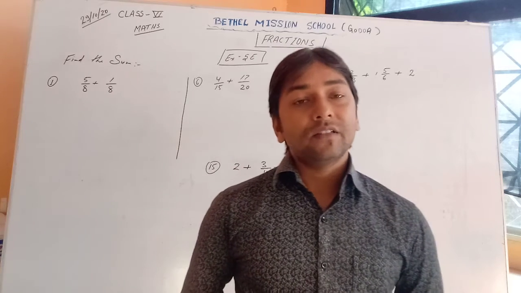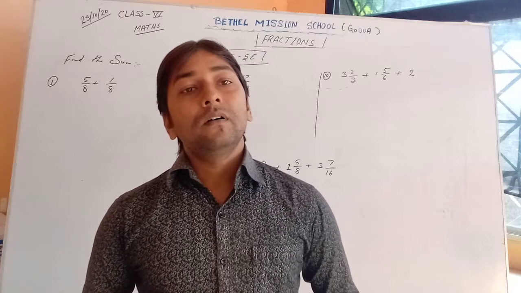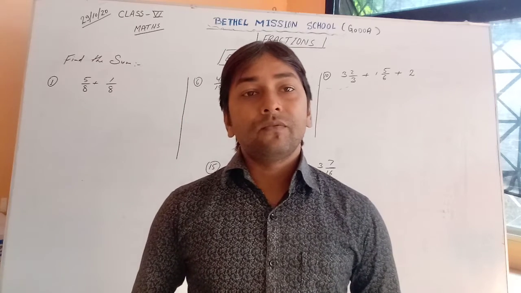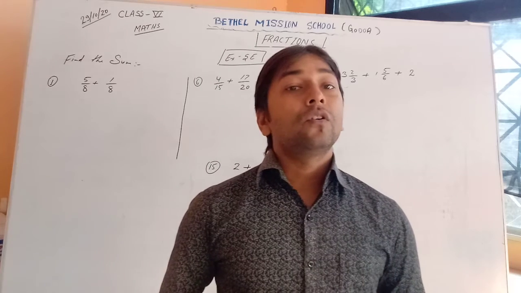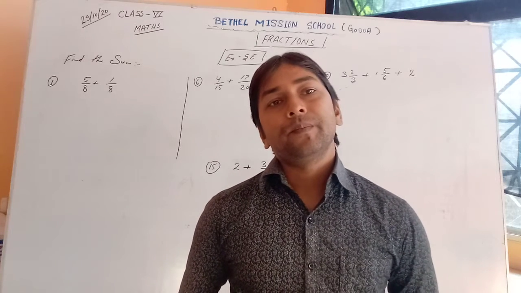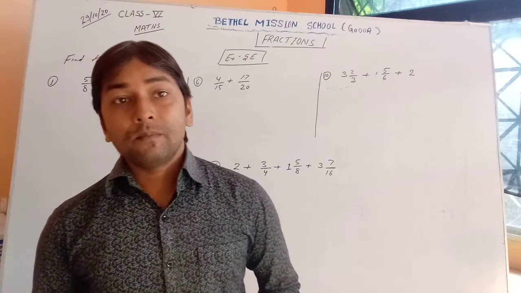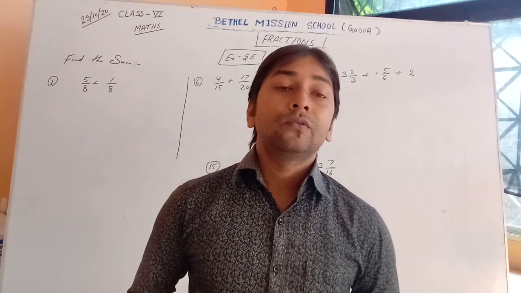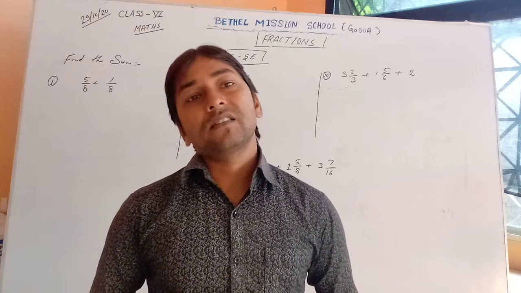What is the fraction first? The fraction is a number which can be written in the form of a by b, where b should not equal 0. Examples: 1 by 2, 3 by 4, 5 by 6.